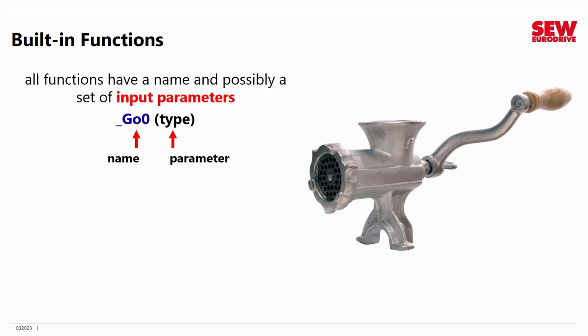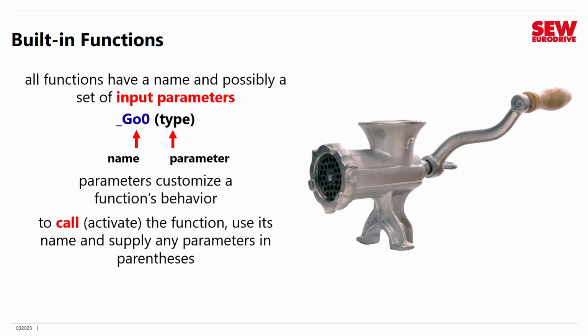Parameters are in parentheses. If there's more than one parameter, there will be a list separated by commas. In this case, there's just one. The parameter customizes the function's behavior. You provide the parameter, and that tells that function how to behave. In this case, it's a referencing function, so that modifies how referencing takes place.